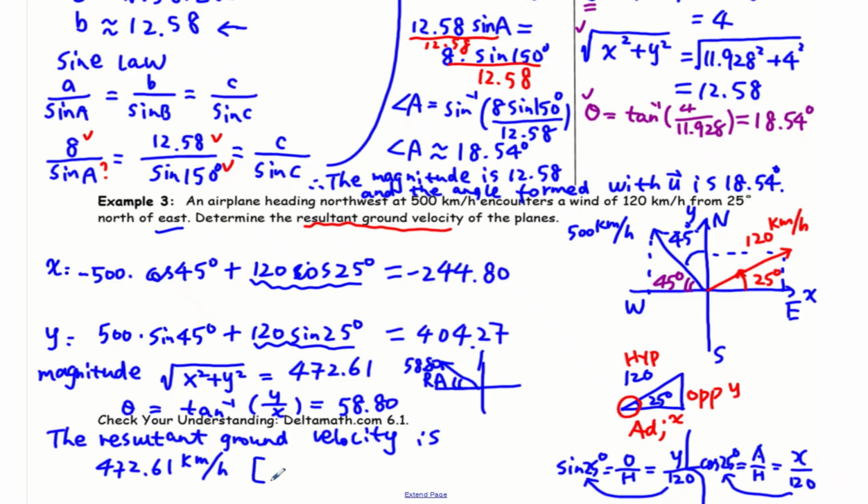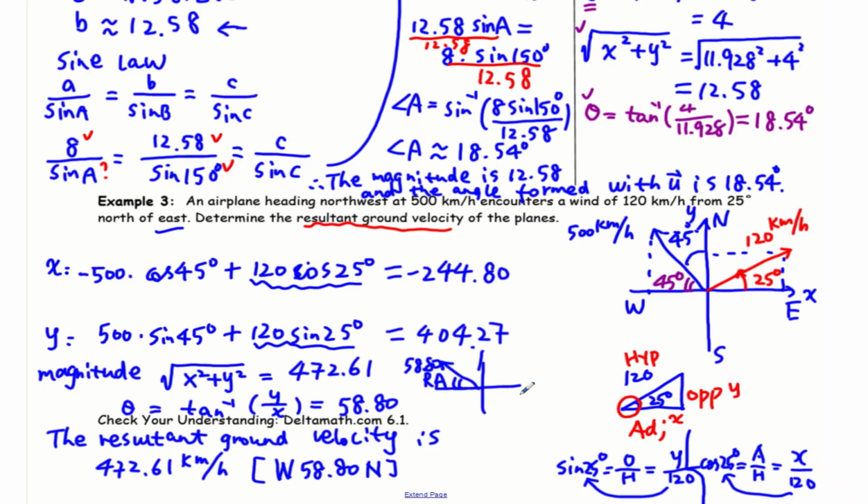And the direction we could put in the bracket. So it's from west to north: west 58.80, then north. So that is the final answer.